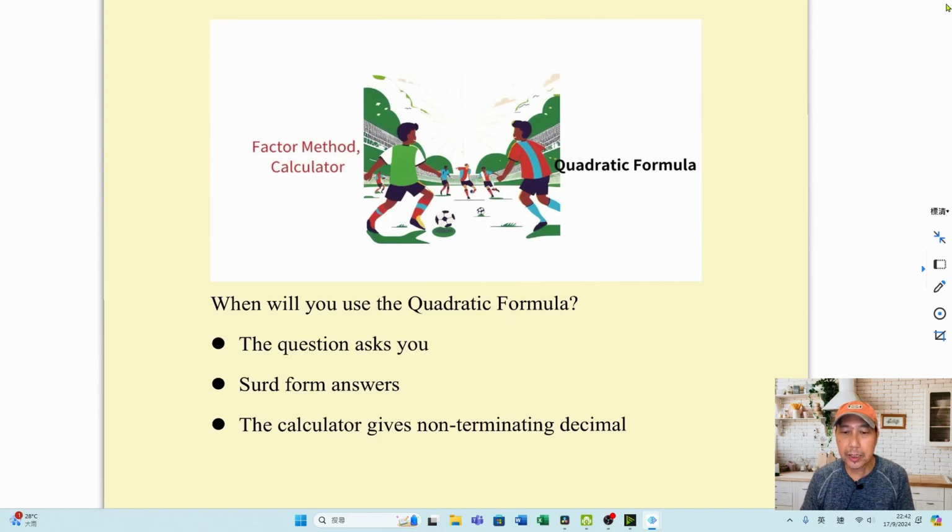The second one, you are required to express the answer in short form, and in this case, only quadratic formula is possible. At last, you try to use a calculator to find the answer. However, the answer is in the form of non-terminating decimal. It means that it cannot be turned back to fractions. In this case, you use quadratic formula.